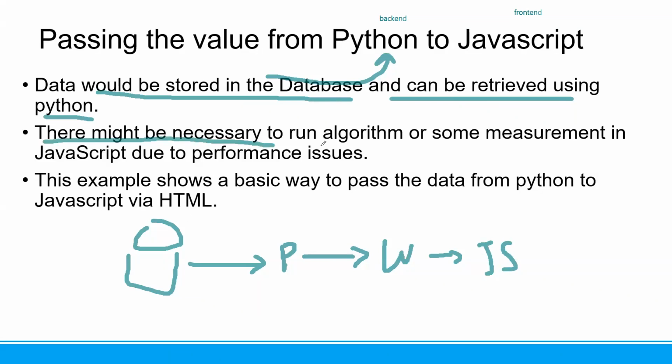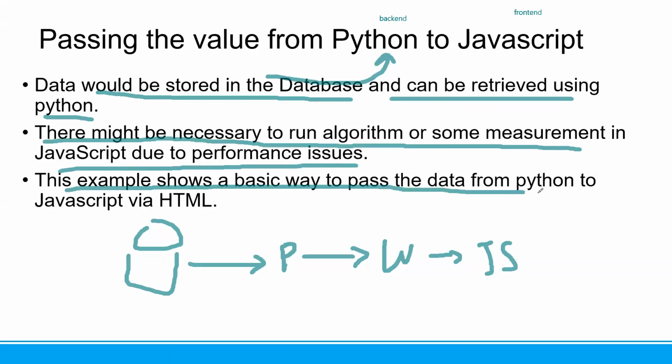It might be necessary to run algorithms or some measurement in JavaScript due to performance issues. Maybe I do not want to make the server run, I want to make the client run. So this example shows a basic way to pass the data from Python to JavaScript via HTML.